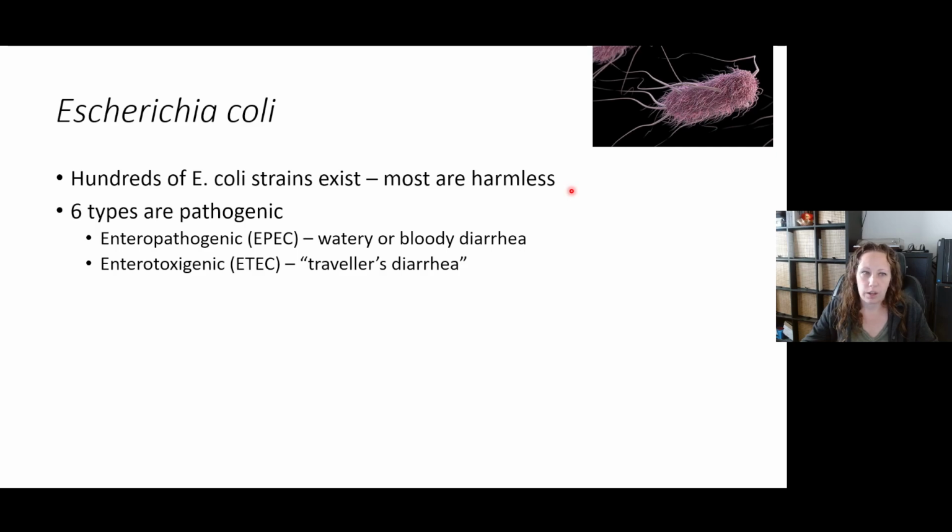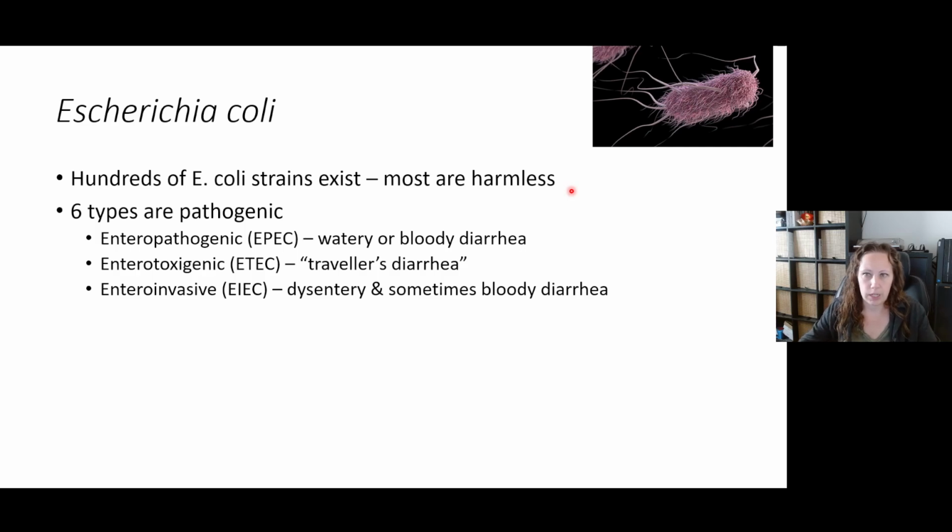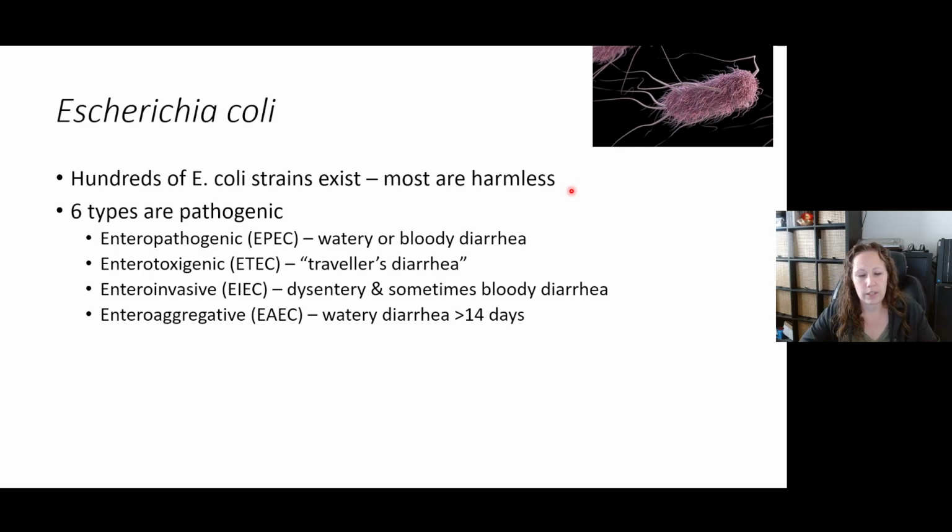There's enterotoxigenic E. coli, which causes what's called traveler's diarrhea, so it's often in water supplies. There's enteroinvasive E. coli, which causes dysentery and sometimes bloody diarrhea. There's enteroaggregative E. coli, which causes watery diarrhea that lasts more than 14 days.